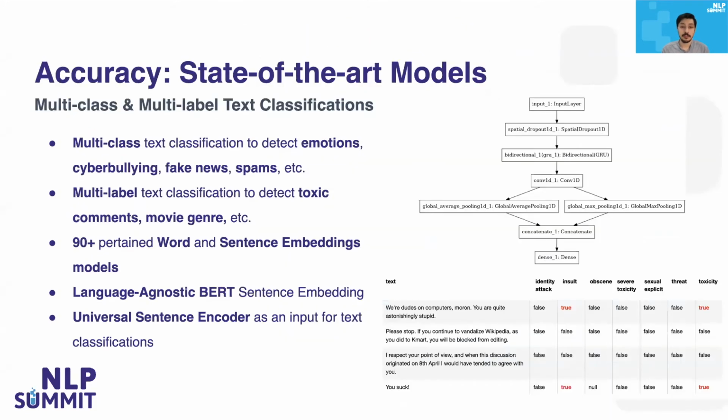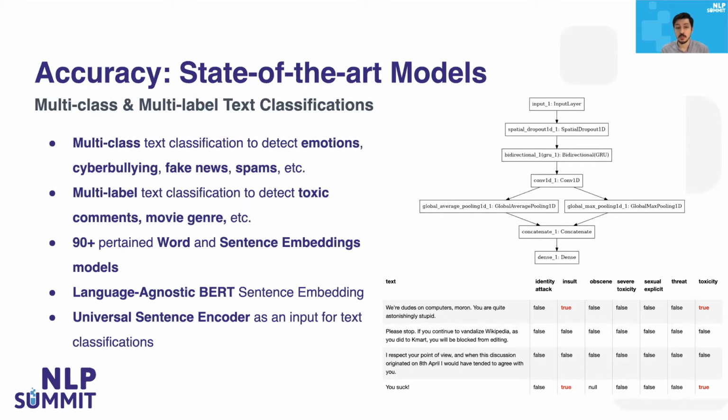Spark NLP is also one of the very few open source NLP libraries that comes with built-in multi-class and multi-label text classification. You can use multi-class text classification for problems such as detecting emotions, cyberbullying, fake news, spam, and so on.